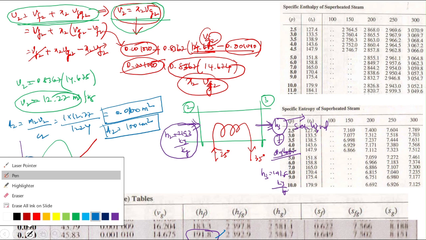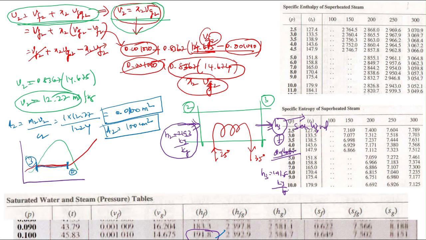Now we substitute by equating these equations. Listen, how can we equate it? M into H2 minus H3, the mass of steam at 2 times H2 minus H3, means heat loss in terms of enthalpy, because of cooling, wet steam is converted into saturated liquid.